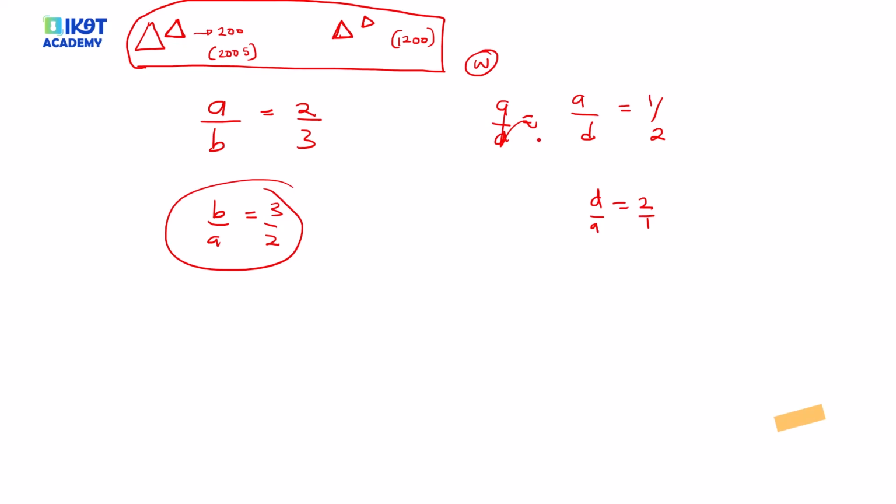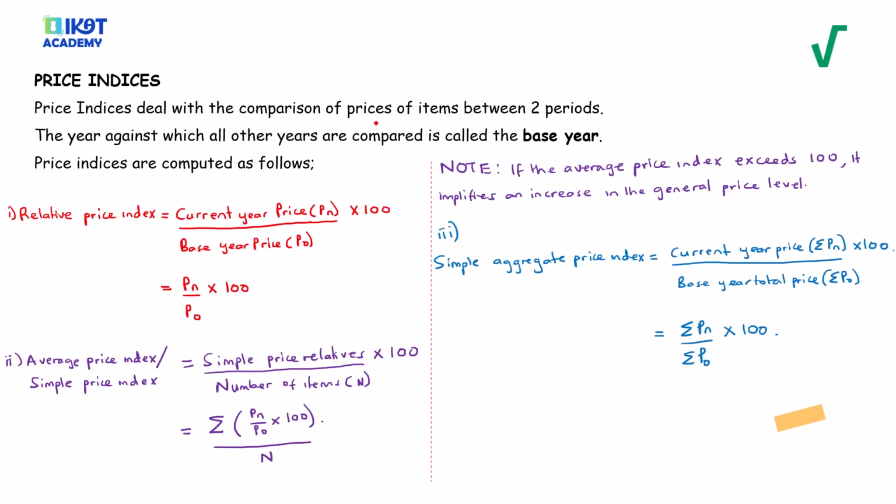Now let's start looking at a few formulas. As we've seen, it deals with the comparison of the prices of items between 2 years. Formulas that have many words are going to be somehow hard to remember, so we're going to stick to these because they're actually easier to remember. Here we have the relative price index. This is the basic one, where everything starts from in price indices.